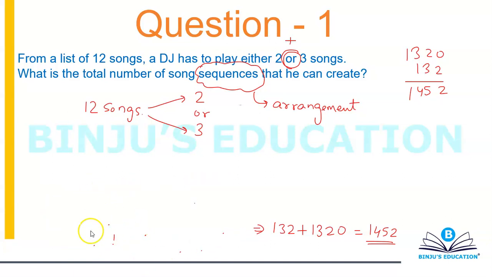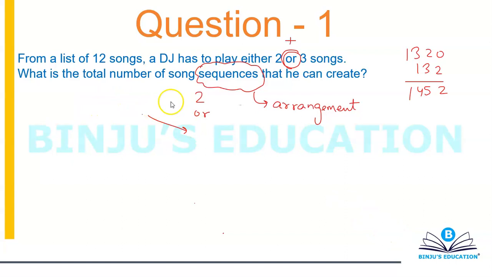Let's see what we can do. If I talk about sequences of 2 songs plus sequences of 3 songs. Now if I have 12 songs, then any of the 12 songs can come at the first position. You can play any of the 12, whichever one you want to play. Now you have already played one song, that means you're left with 11 songs.